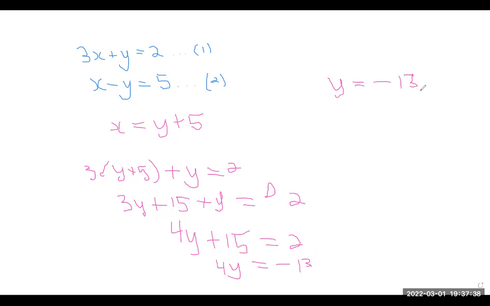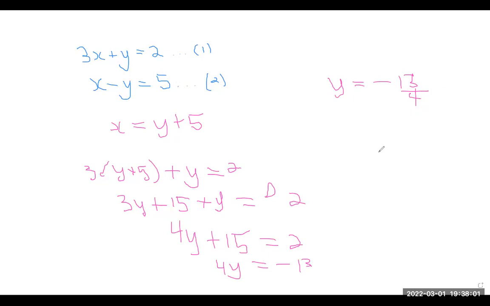negative 13 on 4, or like somebody else did, they put it as the decimal, which was negative 3.25. In this case, it's acceptable because that's an exact decimal. But if it's not an exact decimal, leave it as a fraction.